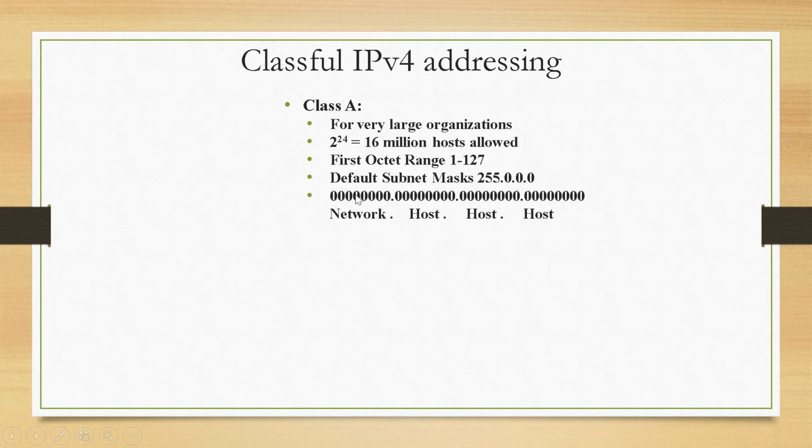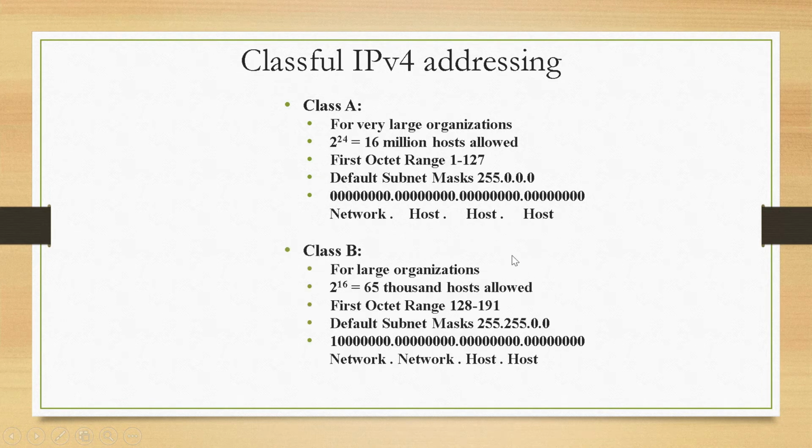The default subnet mask is 255.0.0.0. So this is how it will look with your subnet mask. The first octet is the network address and the rest will determine your host addresses. Class B is for not so large organizations.